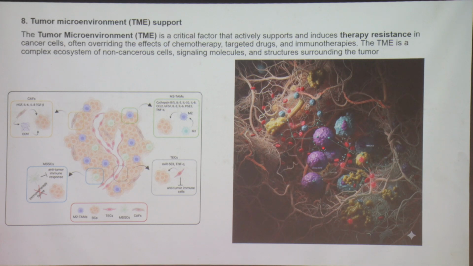Here you can see all of these fibrous structures. This is not ideal, but basically a tumor is surrounded by hundreds of different kinds of cells which support the tumor growth. Those are extremely important for protecting the tumor. So if you can actually attack the tumor microenvironment itself, you can reduce cancer.